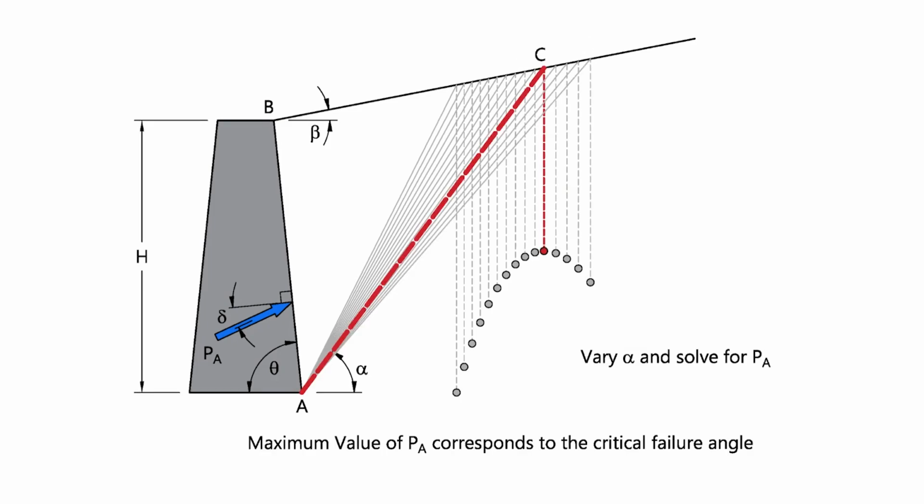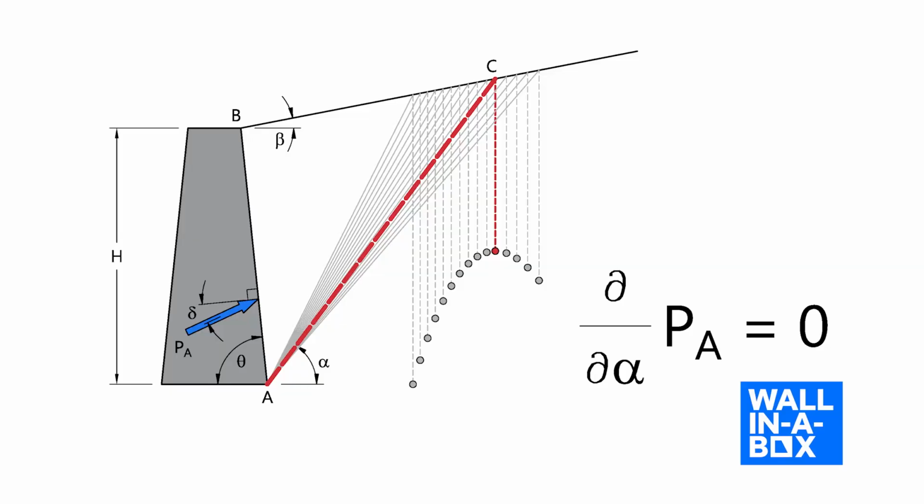Of course, that's a lot of work. Fortunately, all we're trying to do is determine a local maximum for a quadratic function. If we pretend we're back in calculus class, we can take the derivative of P sub A with respect to alpha, set it equal to 0, and solve for the value of alpha that gives us our largest force. We can then put that critical value back into our equation for P sub A and reduce.